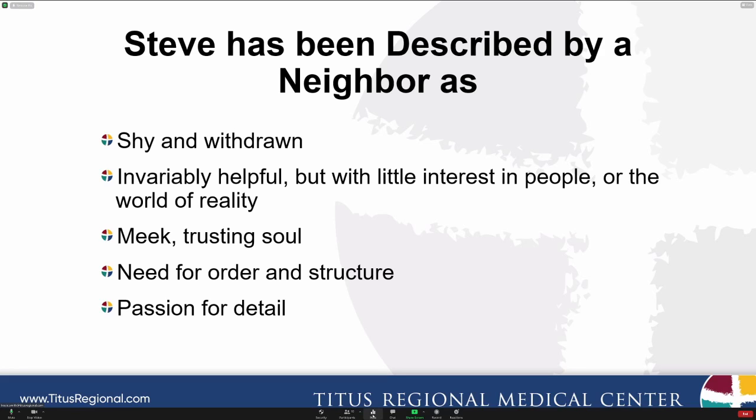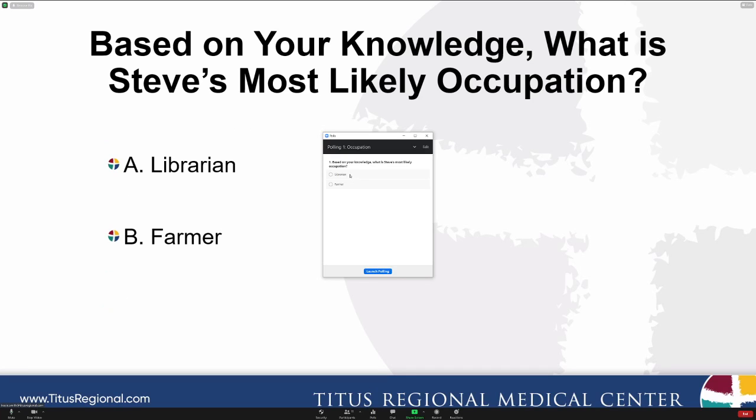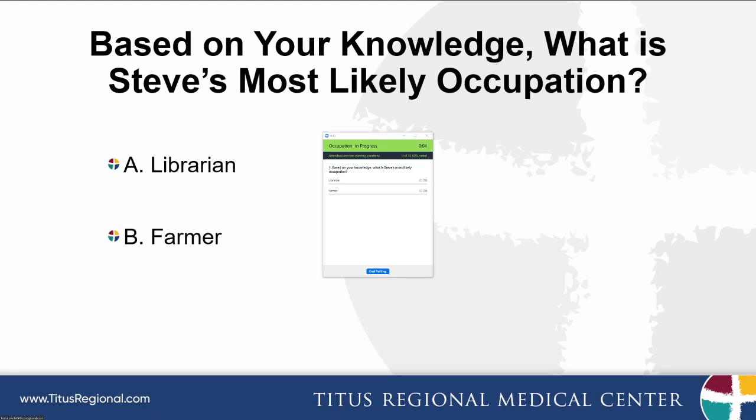So based upon what you know about Steve or what his neighbor knows about him, would you say that Steve is more likely to be A, a librarian, or B, a farmer? We're going to allow you to vote on this.